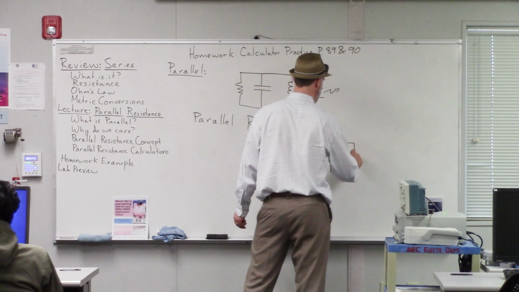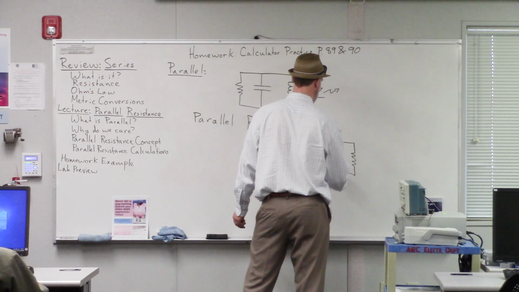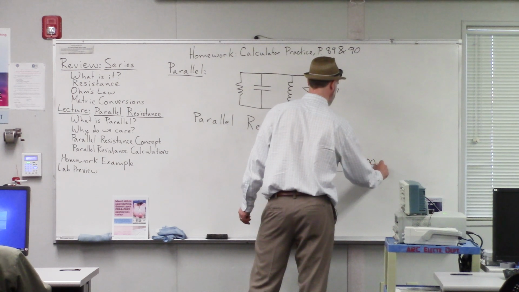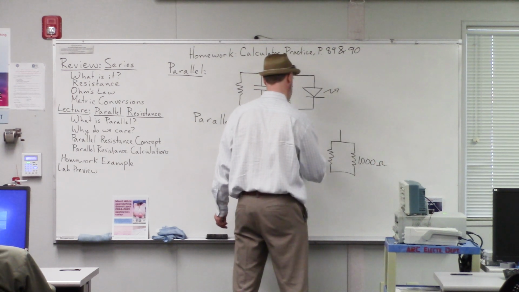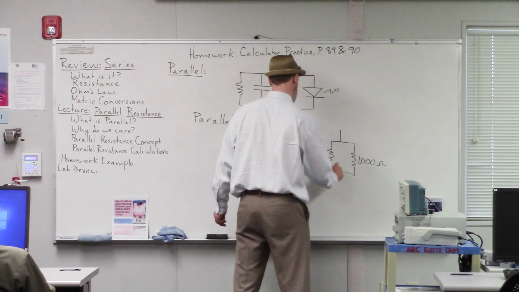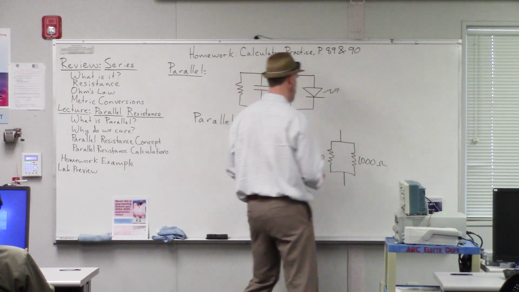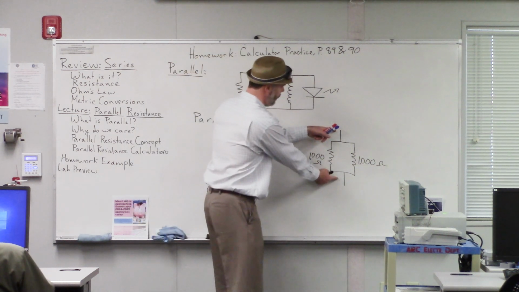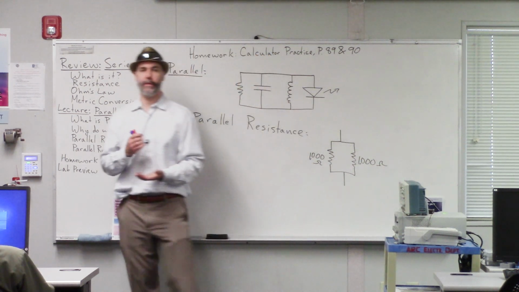And say they're each 1,000 ohms. But now you want to find the equivalent resistance of these 2 in parallel. What happens?